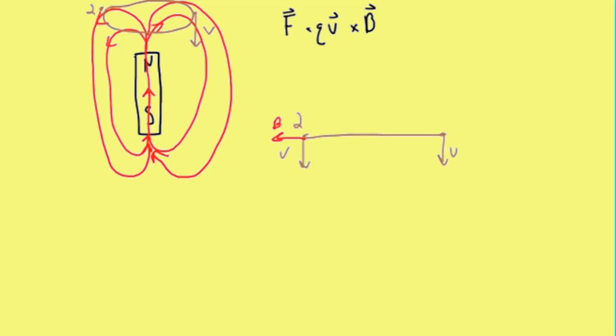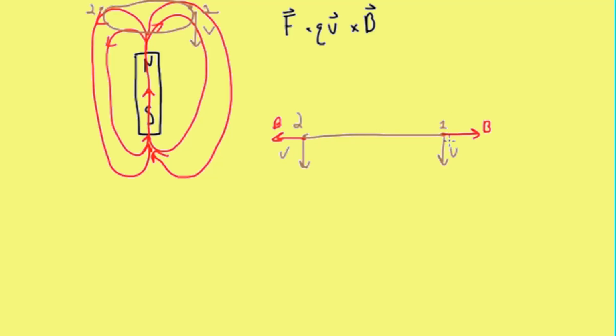Now, if we look at point 1, which we'll say is here, the B field there is mostly towards the right. So now we need to figure out the direction of the Lorentz force.